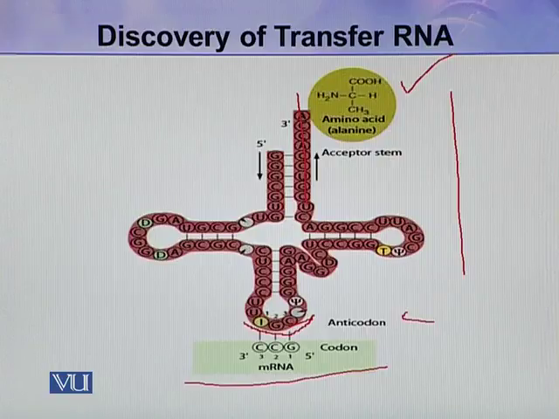On this template RNA there is also a specific sequence of bases, and this sequence is called the codon. In this way, the anticodon present on the tRNA identifies a specific codon on the mRNA and binds to this codon.